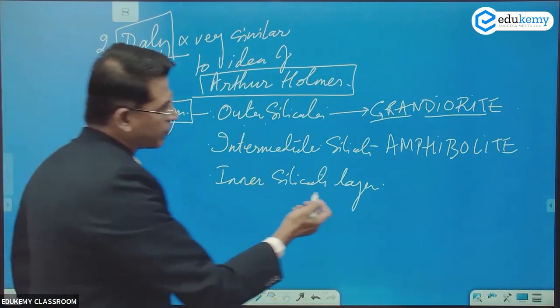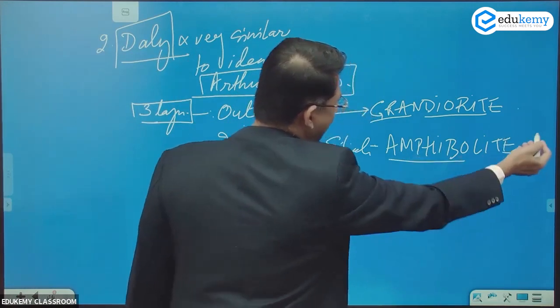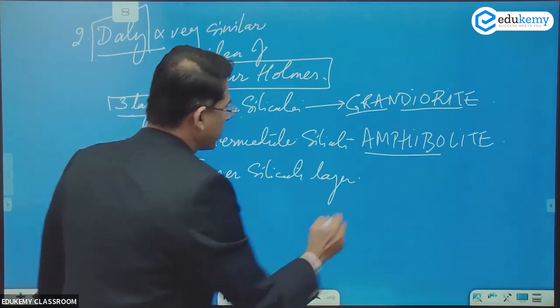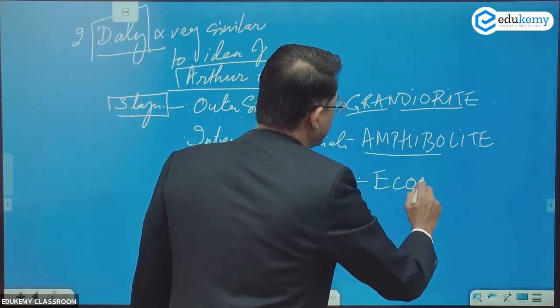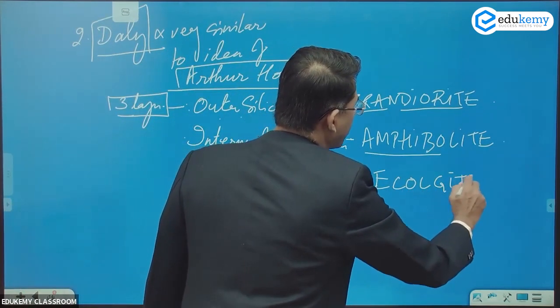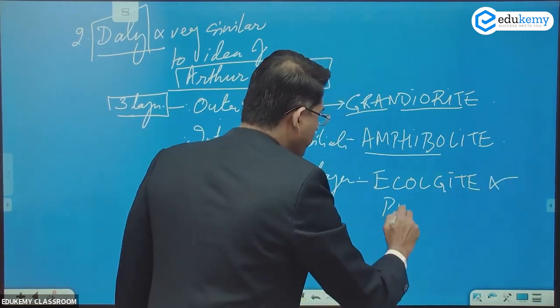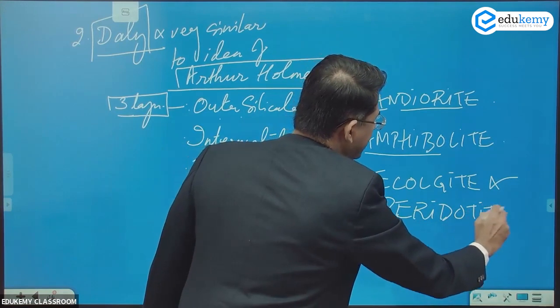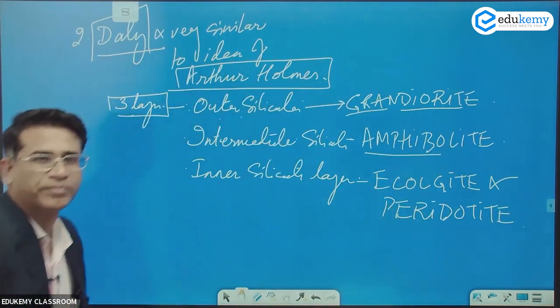Remember the names: amphibolite layer. And the inner silicates they called the eclogite and the peridotite layers.